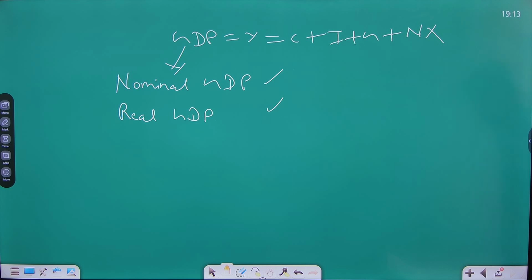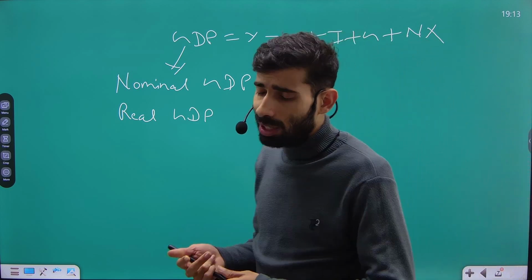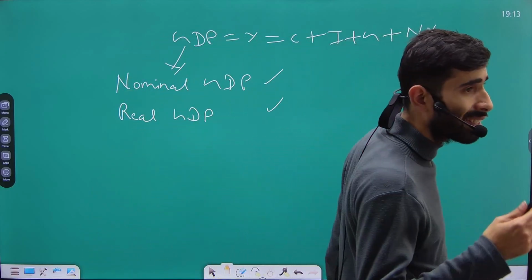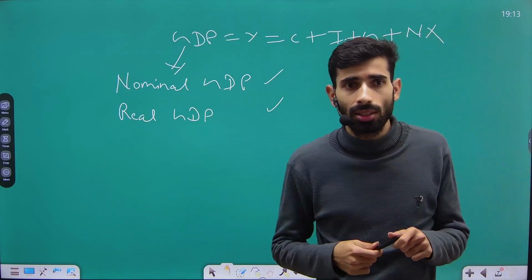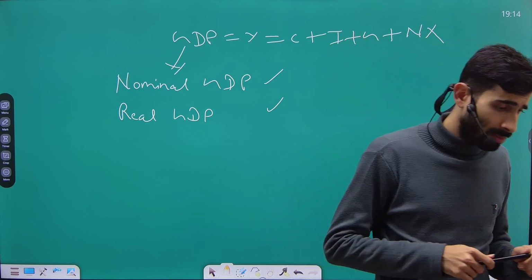Whenever we talk about base year, current year, current prices, or base year prices, there is a term that is known as index. Usually we talk about indexes whenever we are comparing different price levels.